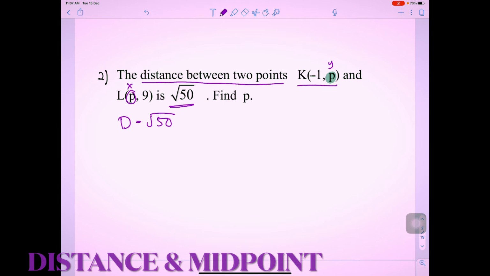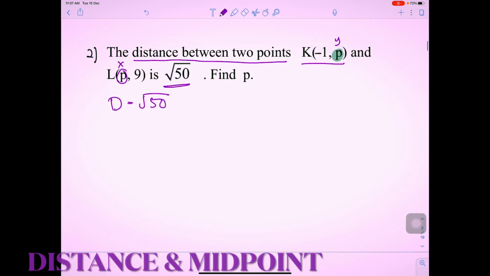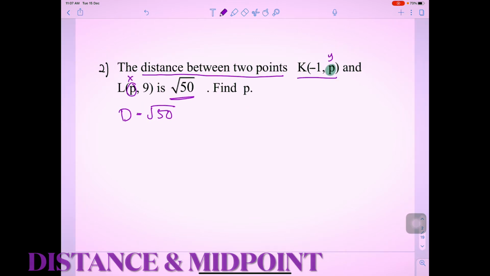From here, by using the formula again, this is the situation. This is the straight line between K (-1, p) and L (p, 9), and the distance between the two points is square root of 50.